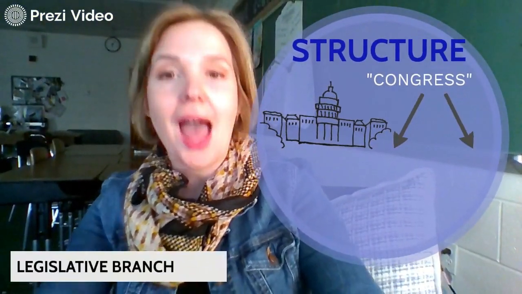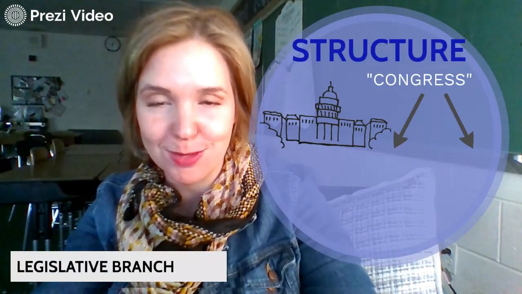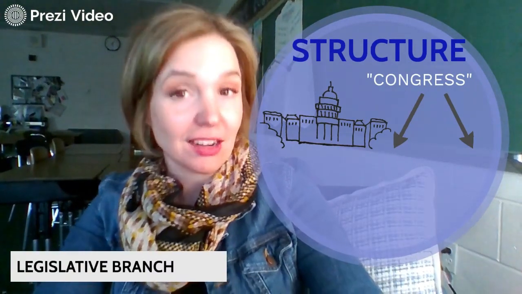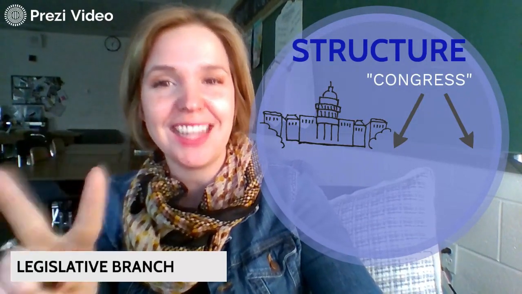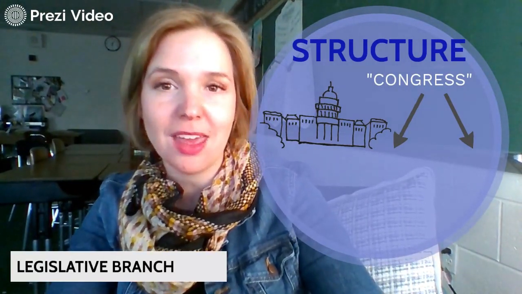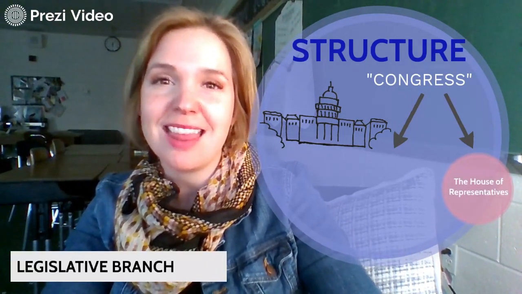So you might say, I go to a middle school, but the name of my middle school is Mayfield Middle School. The name of our legislative branch is Congress. Our Congress, just to make it extra complicated, is bicameral, meaning we divide it into two parts. It's just an extra safety check on the laws we make. One part is called the House of Representatives. The other part is called the Senate.